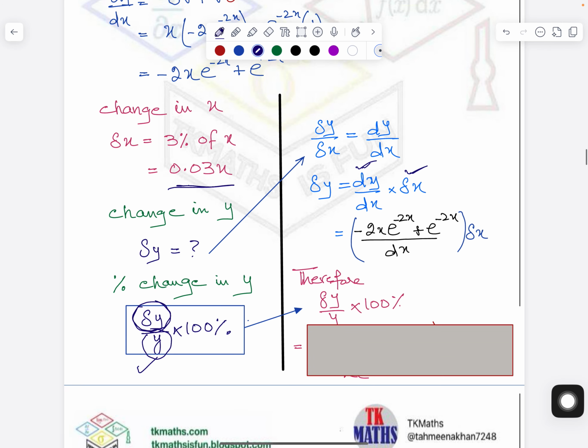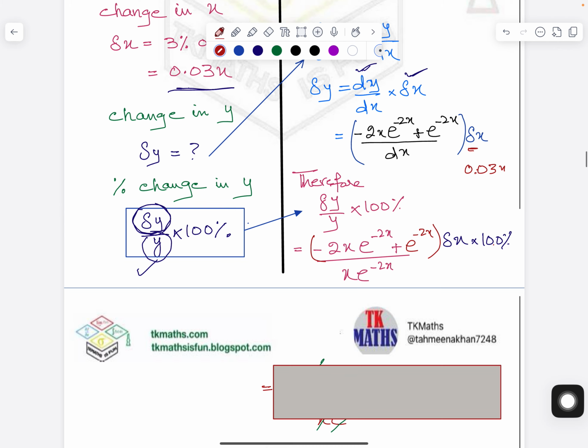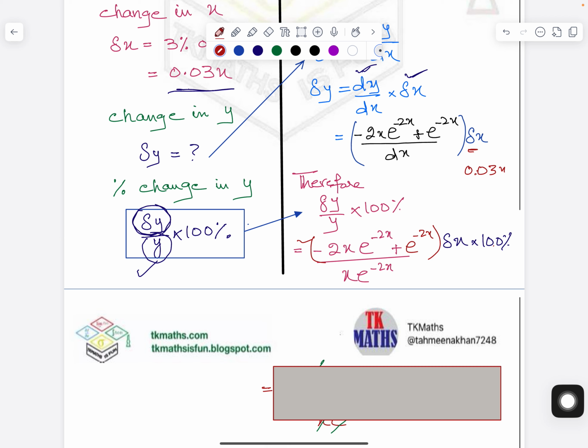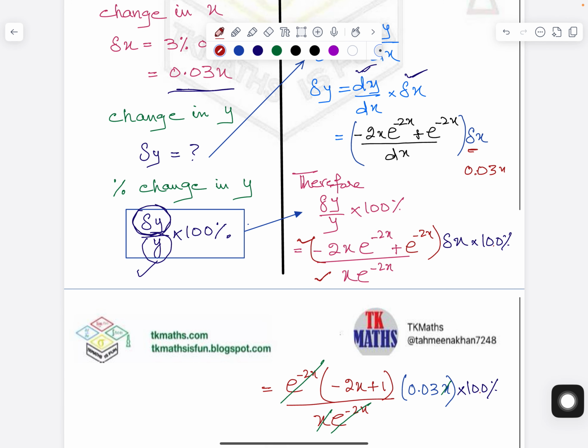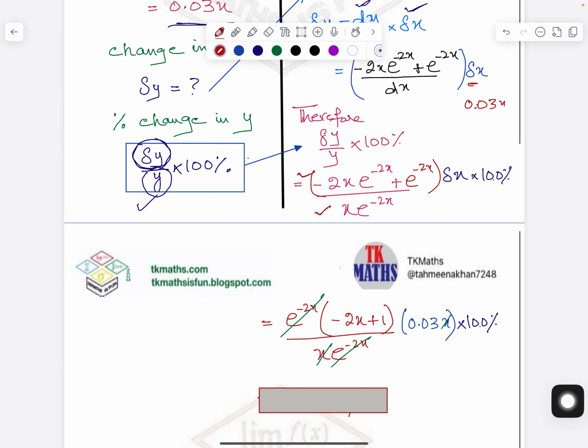I'm substituting it here. In place of delta x, I will write 0.03x in the next line. So I'm just substituting here the value of delta y, and here the value of y in the denominator. And once you substitute, things will cancel out, and definitely your answer will come in terms of x, because you don't know the actual value of x.